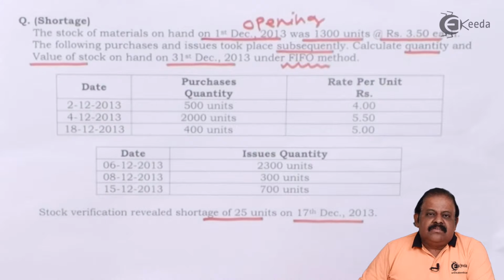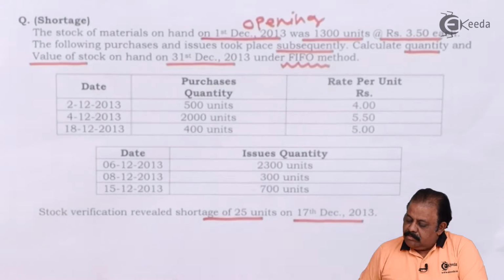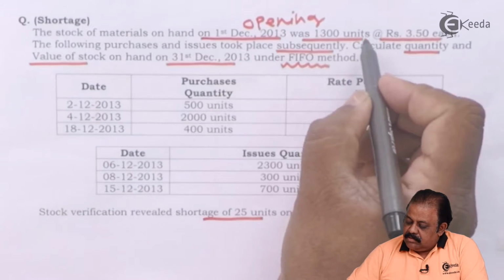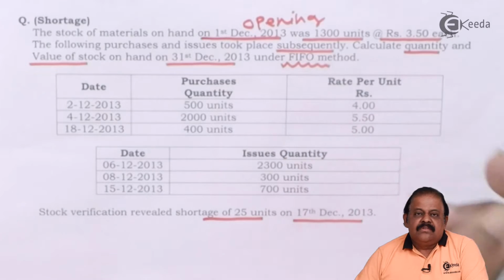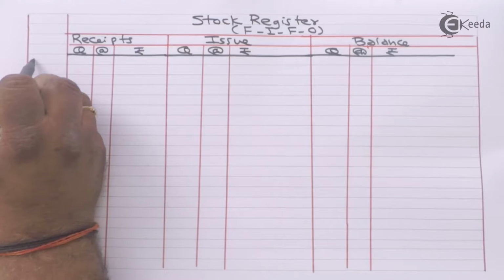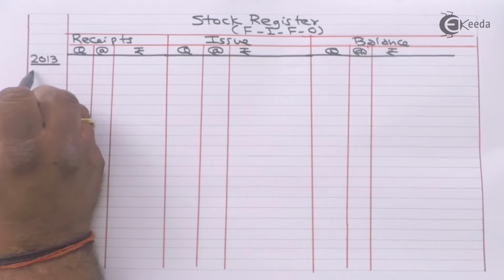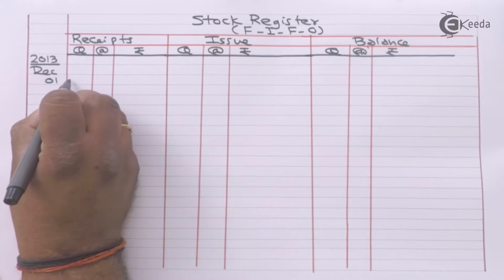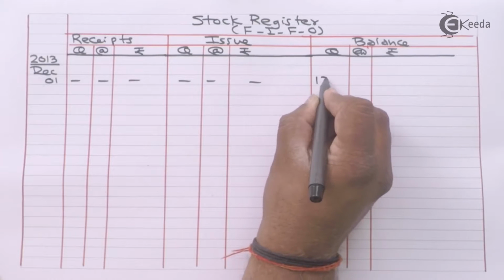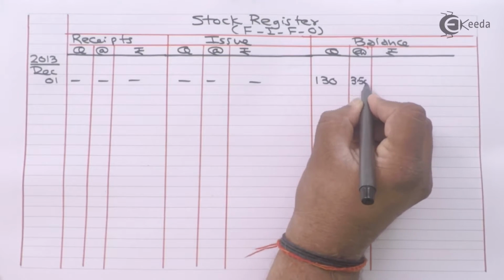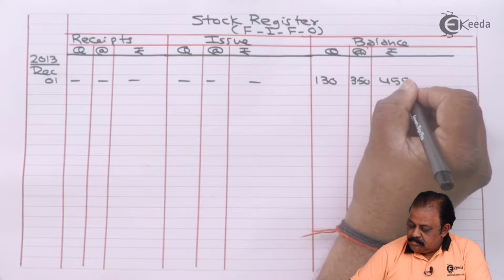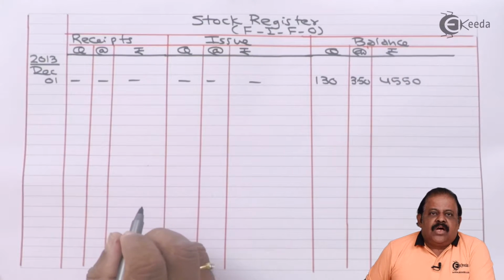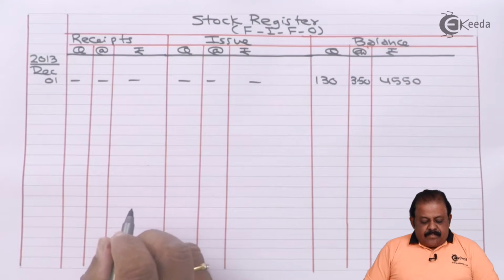Let us start with stock ledger. On 1st December there was an opening balance of 1300 units at the rate of 3 rupees 50 paise each. It is 4550.